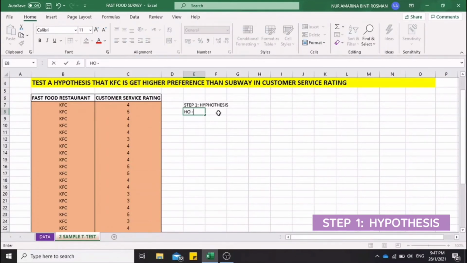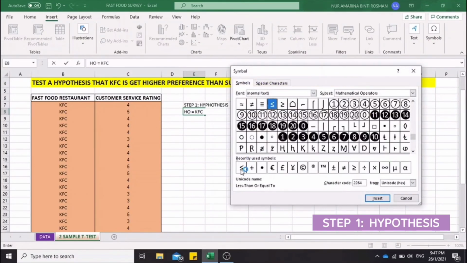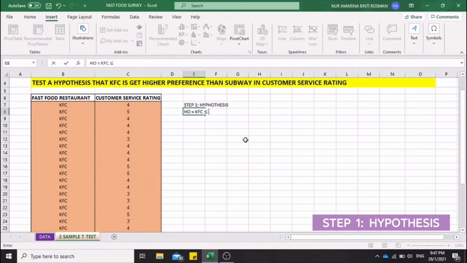H0 should equal KFC less or more than Subway. You have to insert this symbol: less than or equal to Subway.